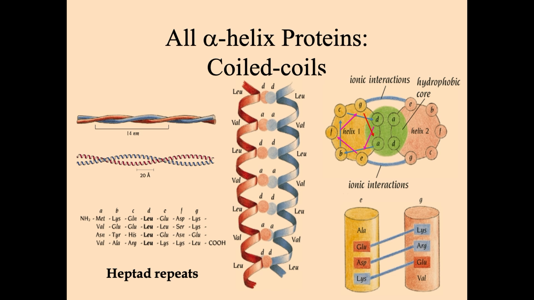So again, where in the world is the hydrophobic core? The hydrophobic core is where the two helices touch each other. If you look at these two helices, this is from the side, this is from the top. You start from residue A right here, and then next residue B, C, D. That's one turn.